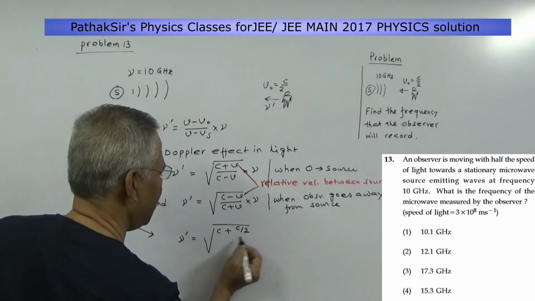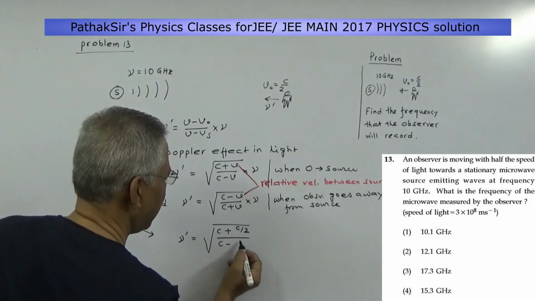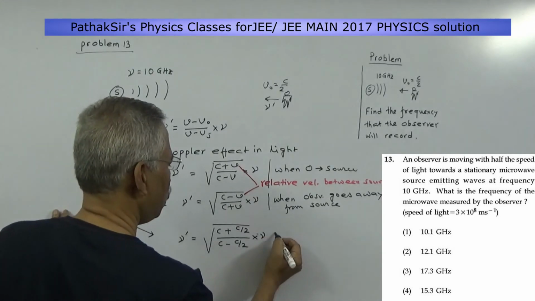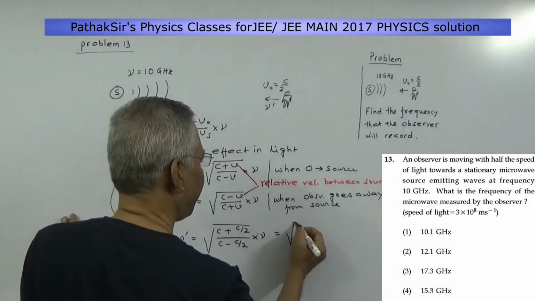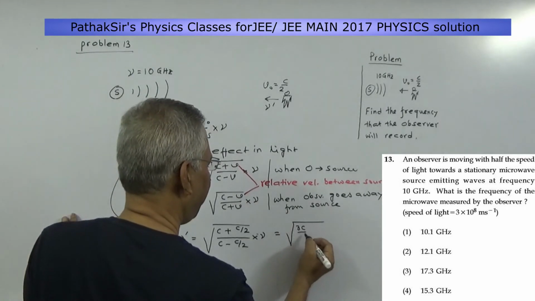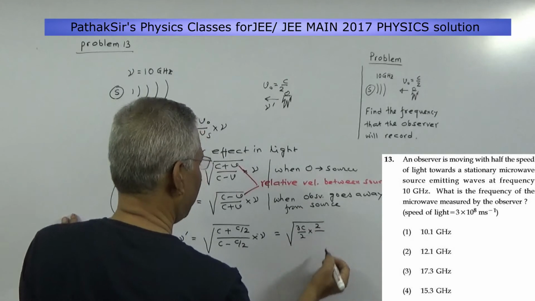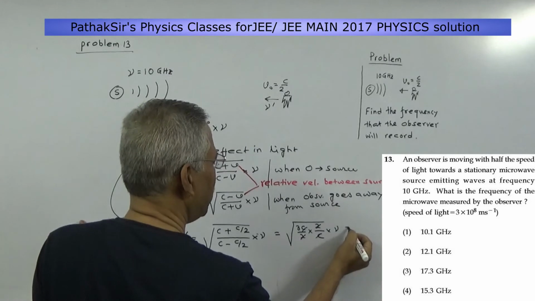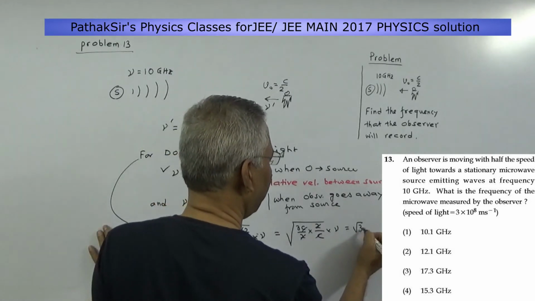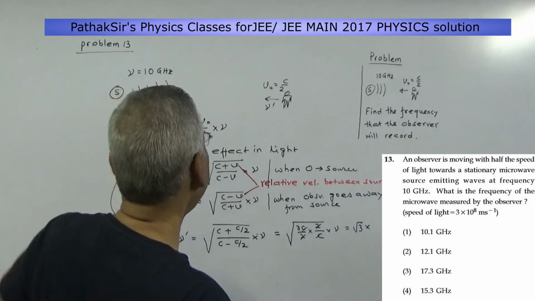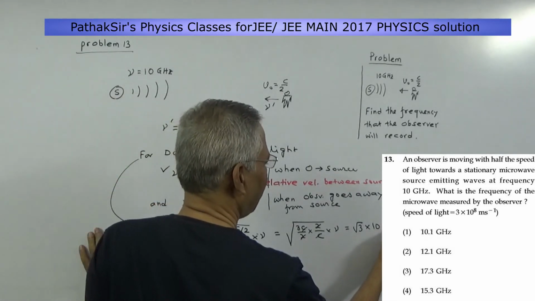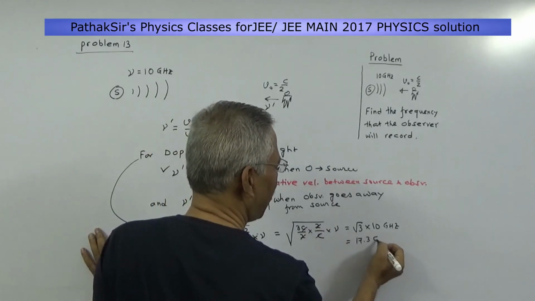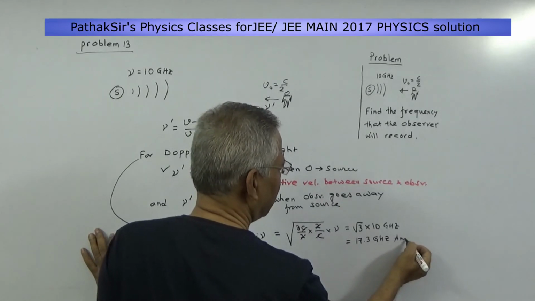So root over (C plus C by 2) divided by (C minus C by 2), into nu, equals root over (3C by 2 into 2 by C) into nu, so root 3 into nu. Nu is 10 gigahertz, 10 gigahertz, root 3 equals 1.73, so 17.3 gigahertz.